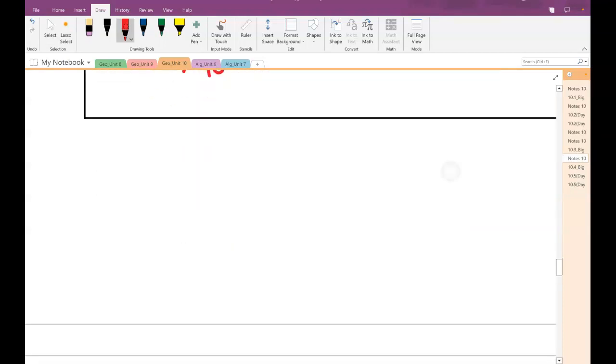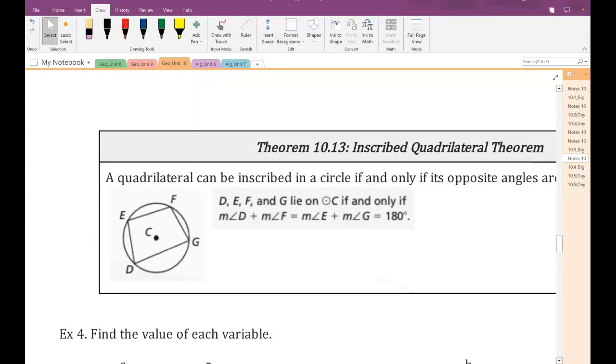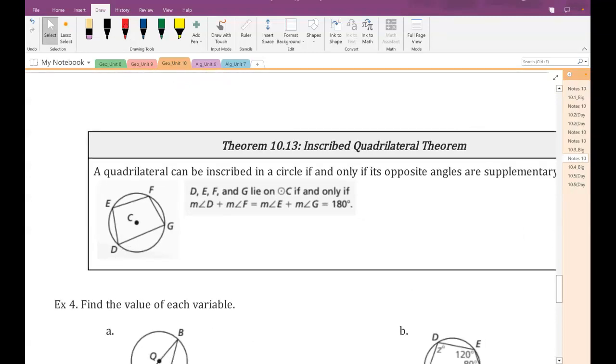All right. Next one. Now we're inscribing a quadrilateral, quad meaning 4, so a 4-sided figure. A quadrilateral can be inscribed in a circle if and only if its opposite angles are supplementary. Supplementary means they add to 180 degrees.